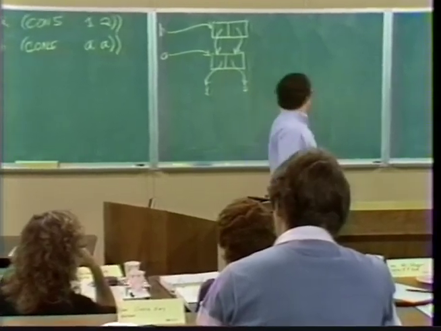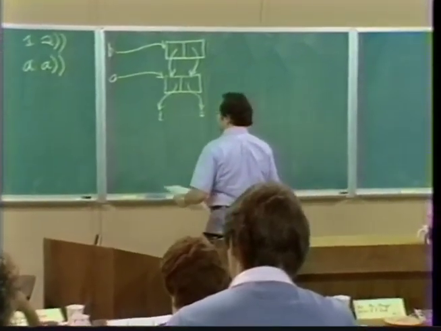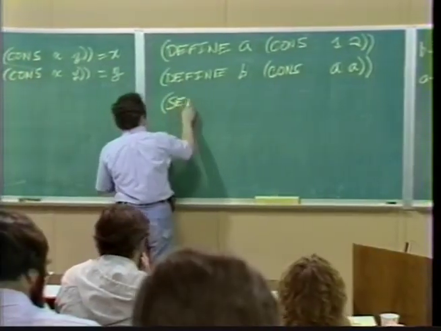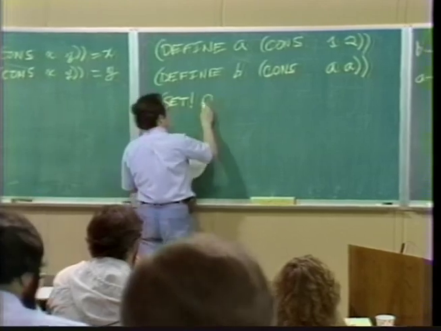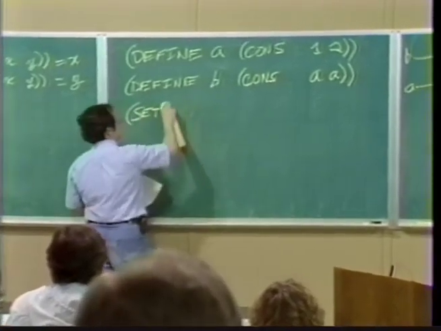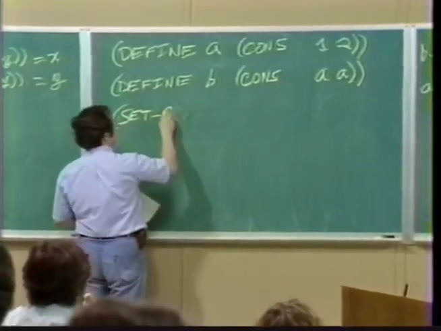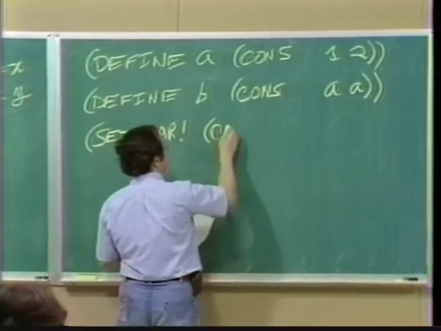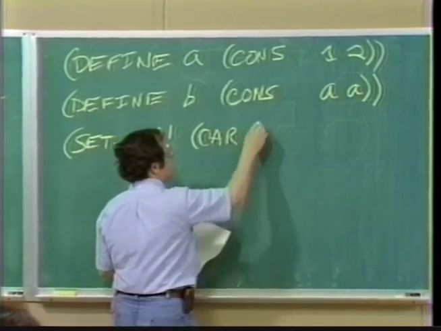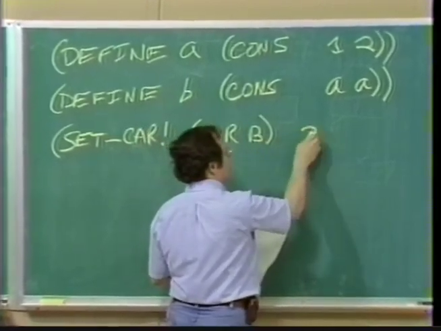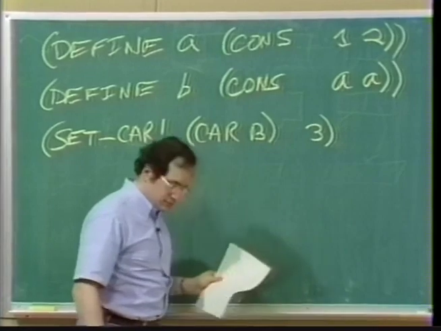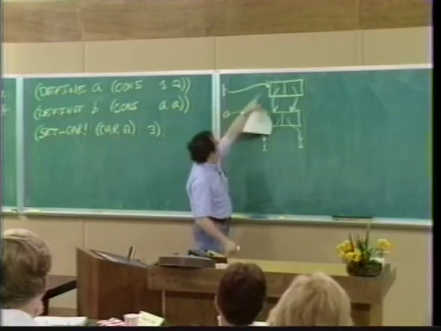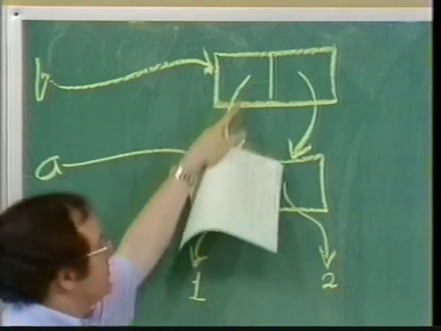Now supposing I do something like set the car of the car of B to 3. What that means is I find the car of B, that's this.